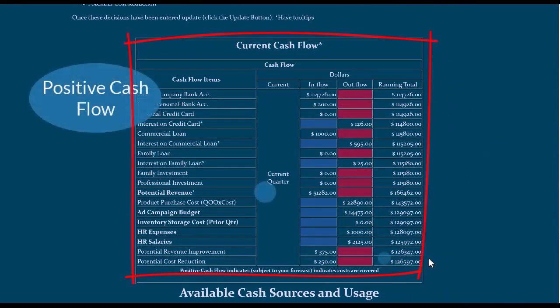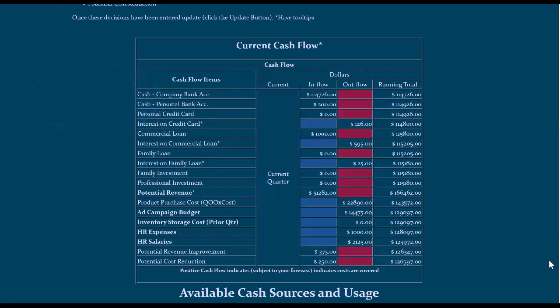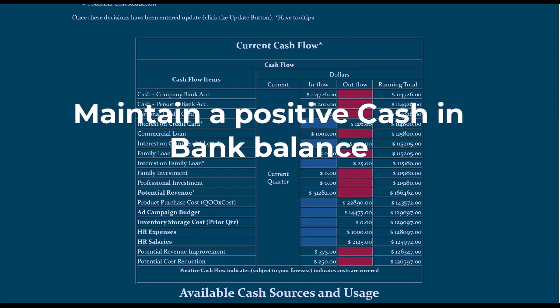So the cash flow objective is very simple. Ensure you have a positive value and ensure that you are comfortable based on the revenue projections that this will remain positive. Even if we don't sell the $51,000, we still would have positive cash flow. So in this case, this manager has built sufficient cash in bank, as you can see, over $114,000 to cover expenses.